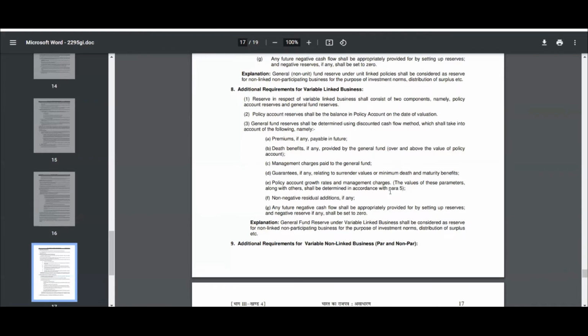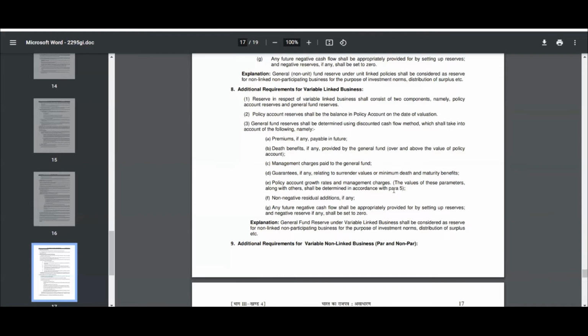The way you calculate the reserve for the gen fund would be similar to how you calculate the reserve for non-linked non-participating business, although in this case it is linked. The method of calculation would be similar, and that would be used for investment norms and for distribution of surplus.